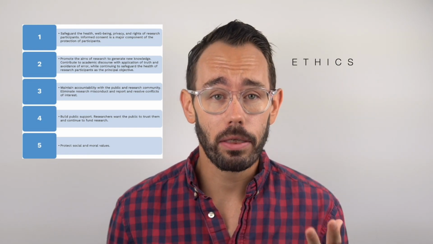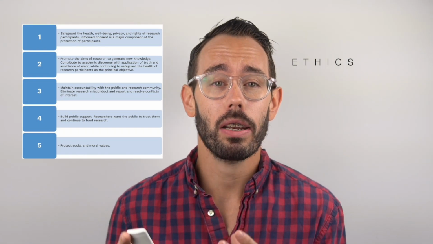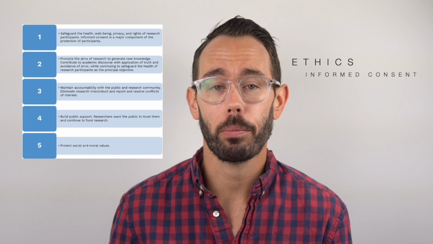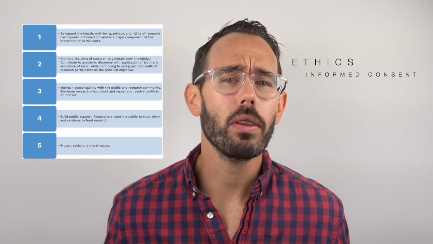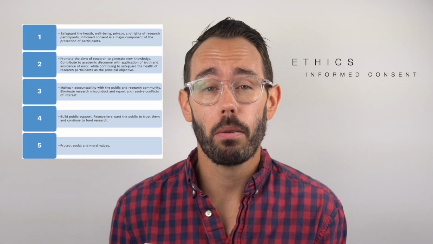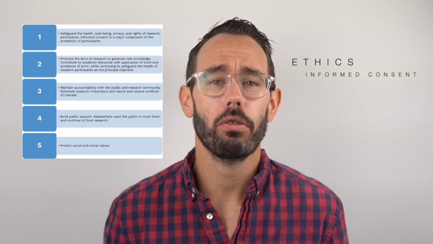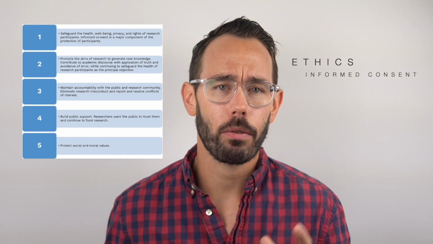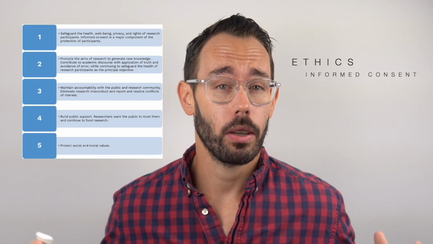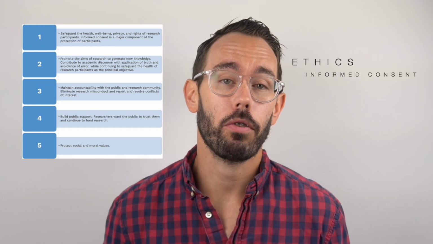Given that sociological research is conducted with human participants, there are important ethical considerations grounded in a central principle of informed consent. Informed consent is permission from participants to take part in a research study only after they've received details about it, obtained prior to the involvement in the study.